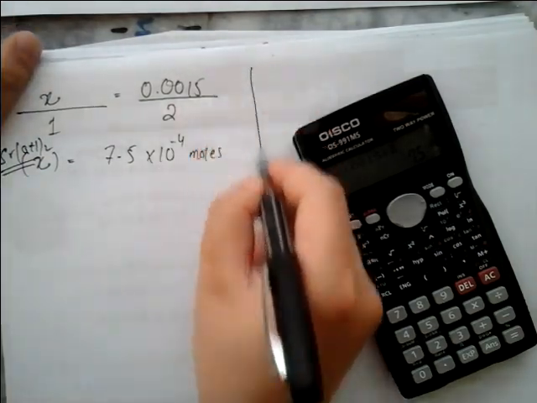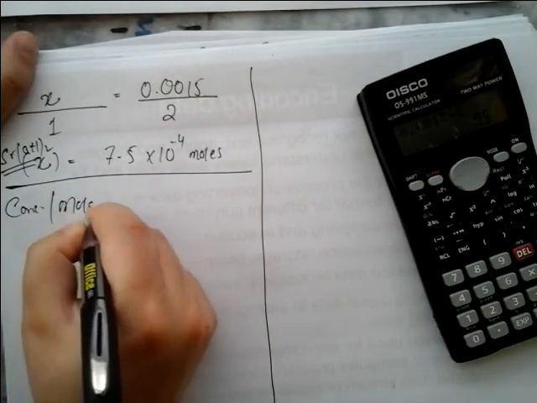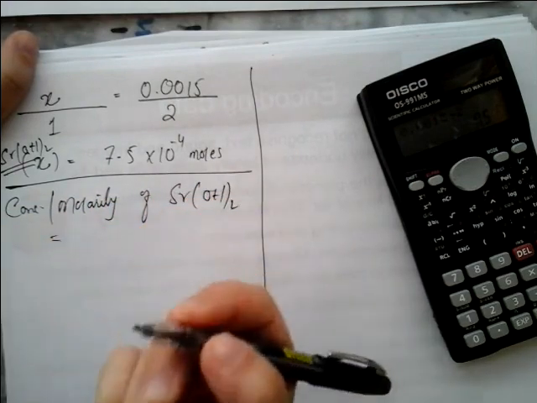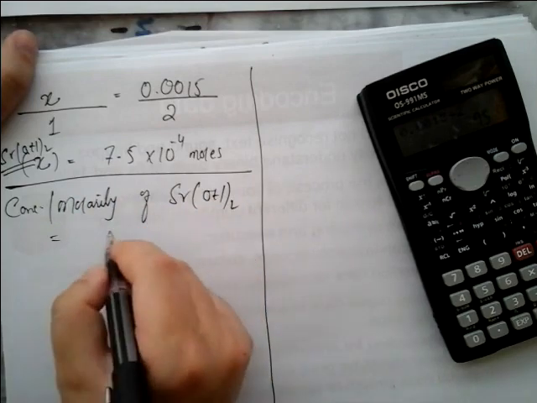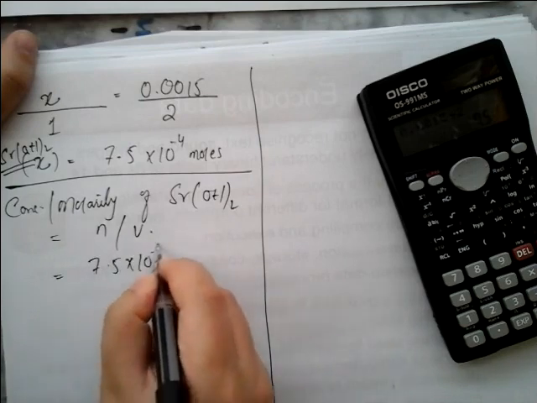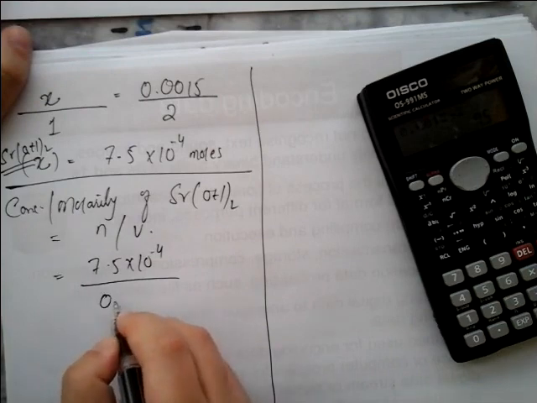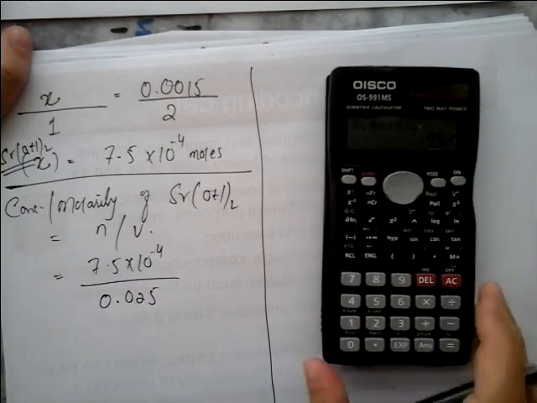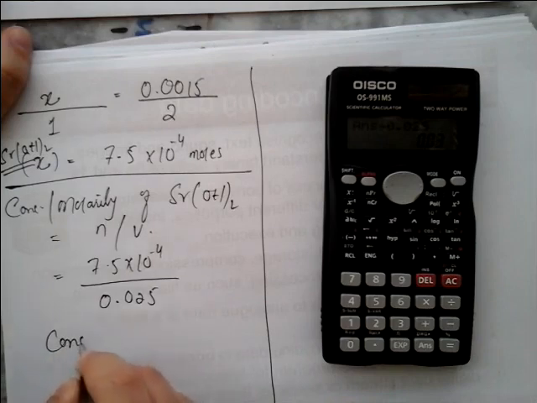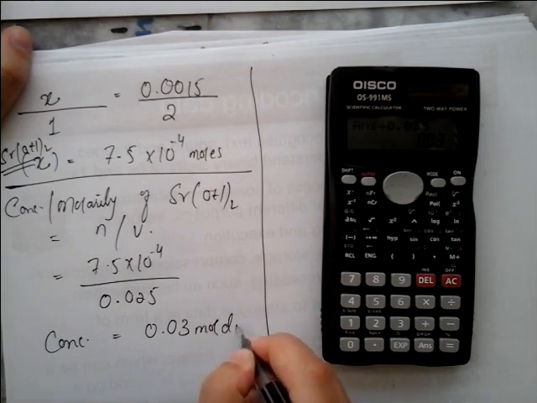After that, we have to find the concentration or molarity of this compound, using a very simple formula: concentration equals moles divided by volume. The moles are 7.5 into 10 raised to power minus 4, divided by its volume, 0.025. It comes out to be a concentration of strontium hydroxide of 0.03 mole per decimeter cube.